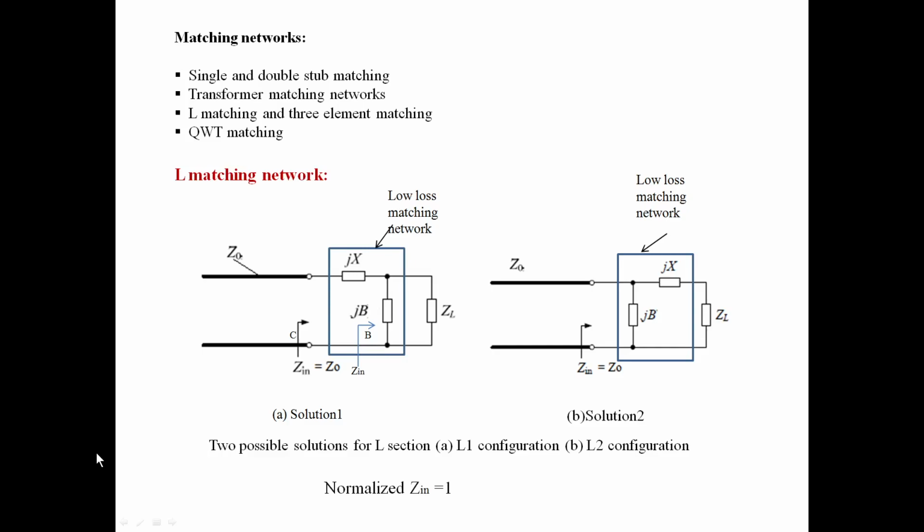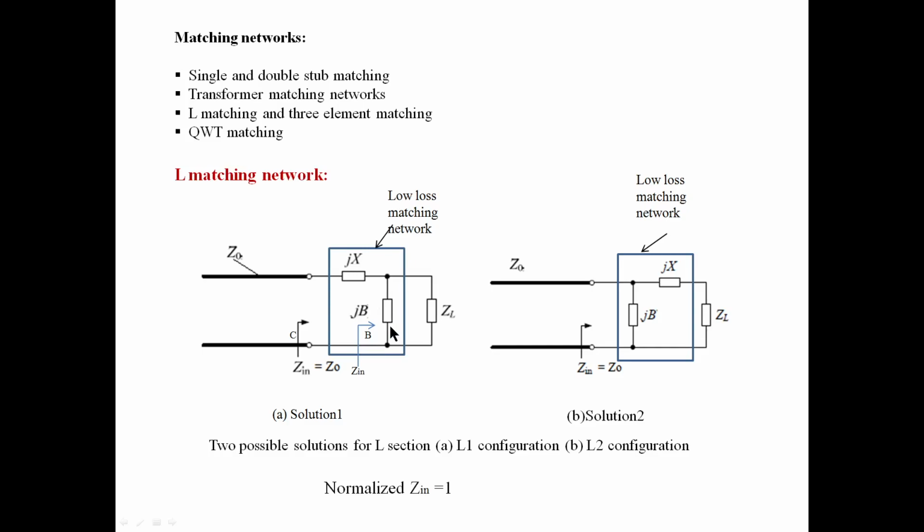Okay, so that L matching network, see like this. By connecting components like an inductor and capacitor, we can get an impedance match. They are connected next to the load. ZL is here. It may be any value. ZL may be anything.